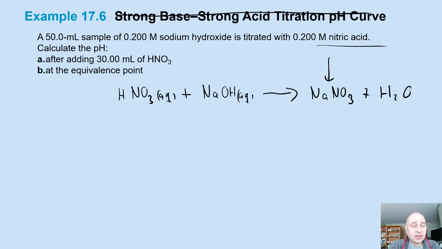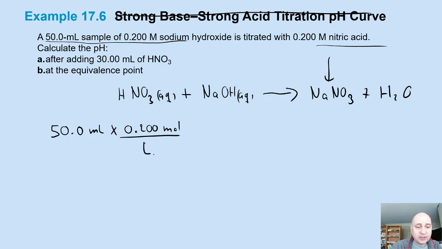So that makes our calculations of pH pretty simple. Here we have 50 milliliters of a 0.2 molar solution of sodium hydroxide, and if we calculate the number of moles present, so 50.0 milliliters times 0.200 moles per liter.